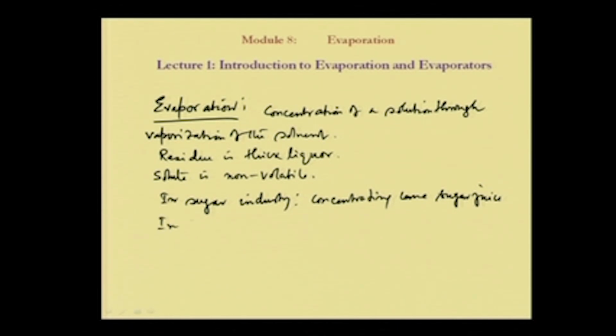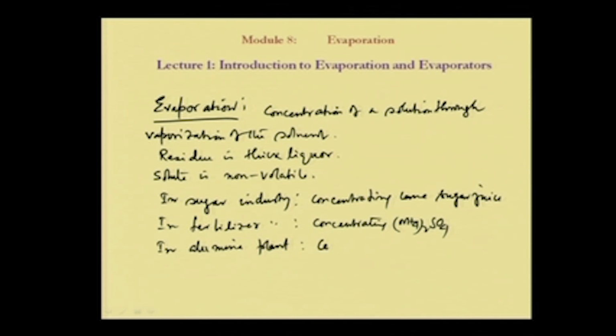Similarly, in the fertilizer industry, it is concentration of, say, ammonium sulphate. Then in an alumina plant, it is concentrating recycled sodium hydroxide solution. So, these are the typical examples of this.